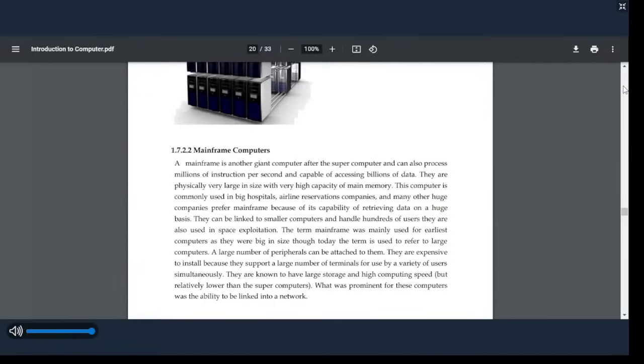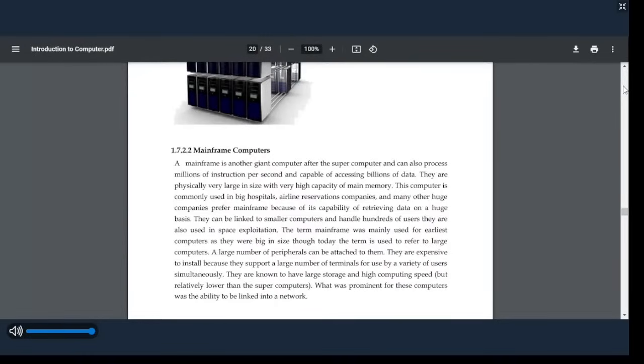The term mainframe was mainly used for the earliest computers as they were big in size, though today the term is used to refer to large computers. A large number of peripherals can be attached to them. They are expensive to install because they support a large number of terminals for use by a variety of users simultaneously.